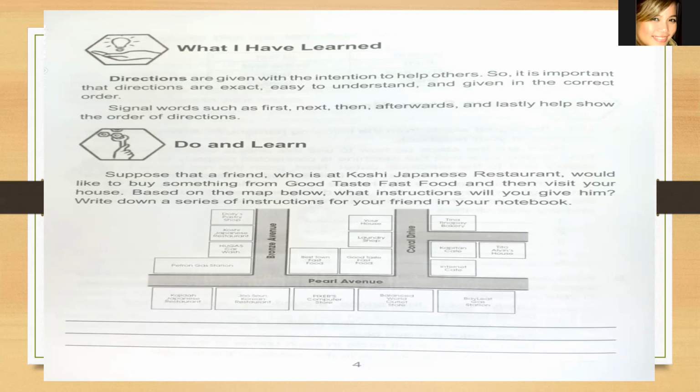Okay. Now, do and learn. Now, children, here in do and learn, if you can see in the answer sheet, I marked there as the what? What did I put there? That is what?